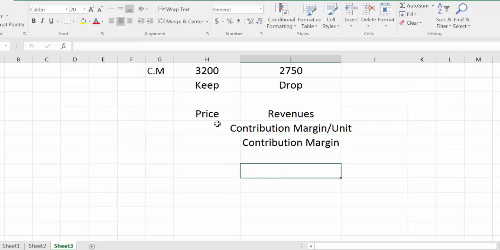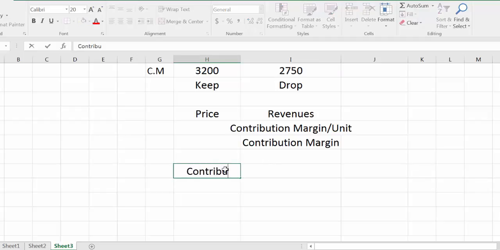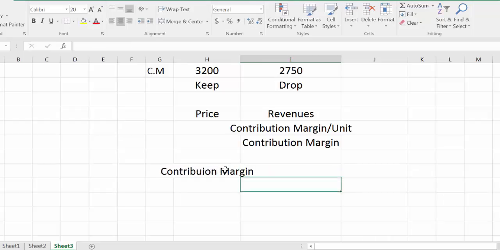Then from the contribution margin, we know that we can use that to find the operating income.